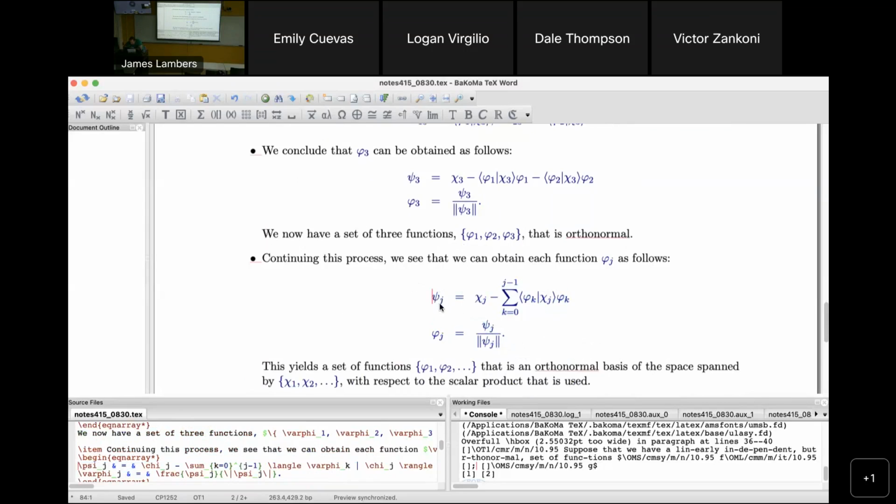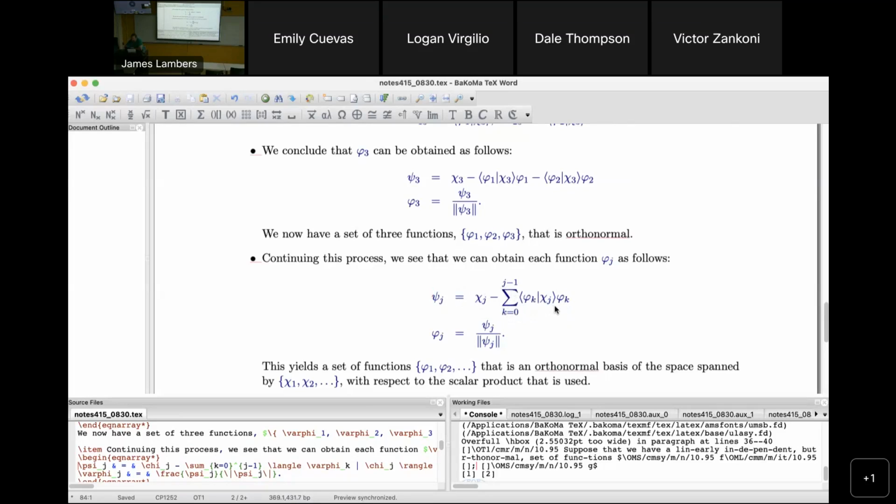So each psi j is chi j minus these scalar products times the previous phi's. Look at the index. k goes from 0 up to j minus 1. I'm trying to get phi j. Like I mentioned, all previous phi's.